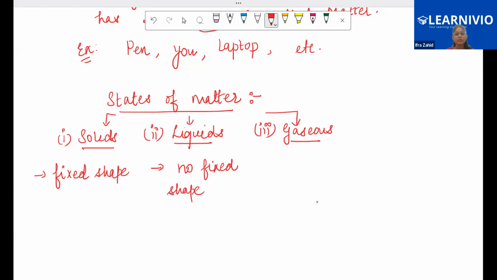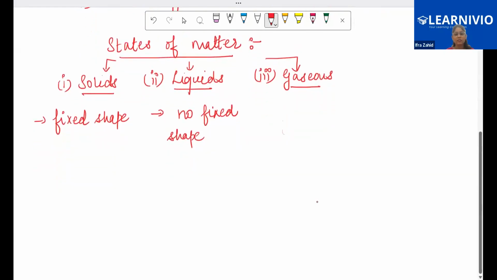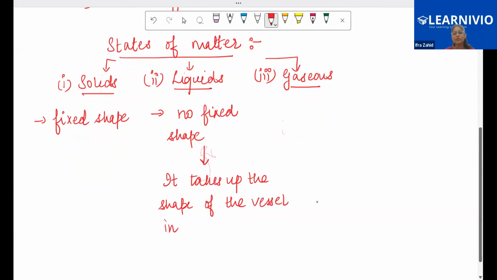It's always not in a fixed shape. It's always in different shapes. Yeah. So you can say that it takes up the shape of the vessel, to be precise, in which it is kept, right?